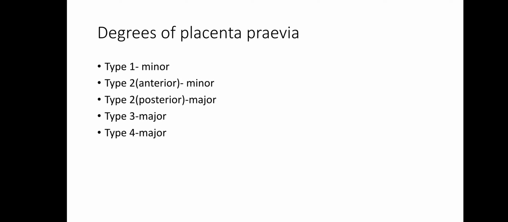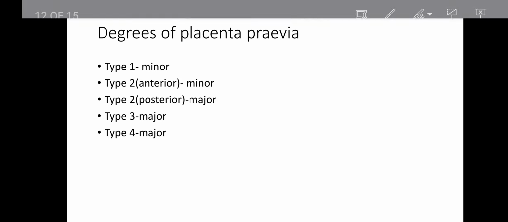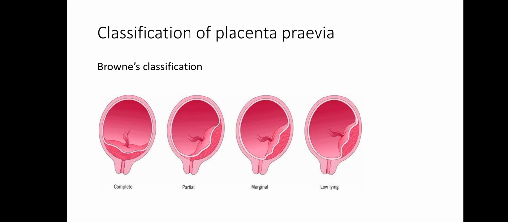Now degrees of previa. Again, let me go back. Type 1, remember, was the low-lying one. So type 1 and type 2A are minor degree. Now type 2A, remember type 2 was the marginal one. The margin of the placenta and the margin of the internal os are touching each other.